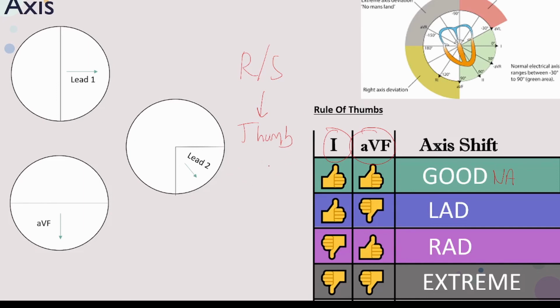However, if you have, again, in lead 1, a positive deflection, however, in your AVF, if you have a negative deflection, a thumbs down, what do you get? Well, you get a left axis deviation.